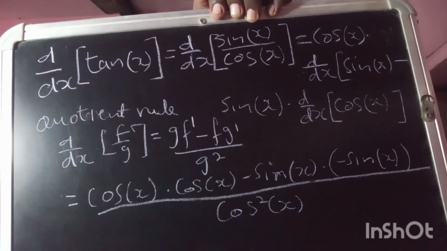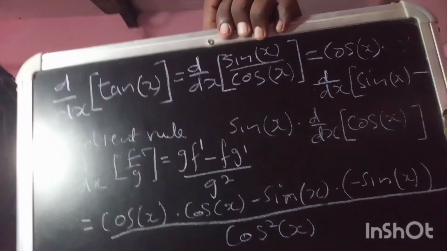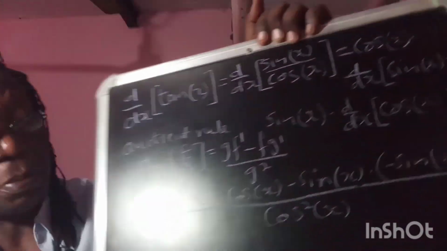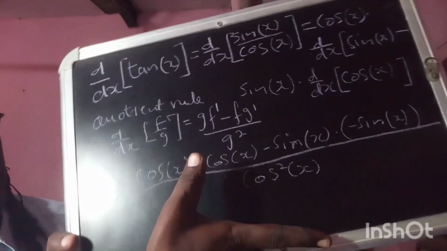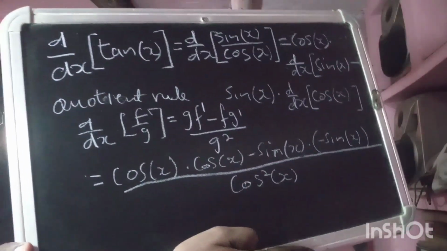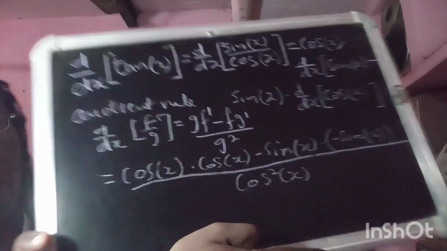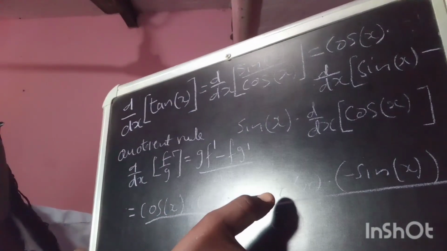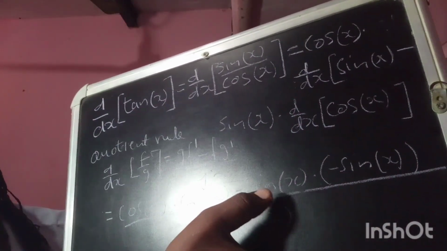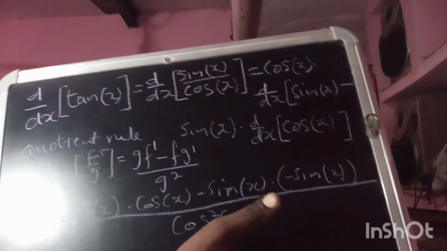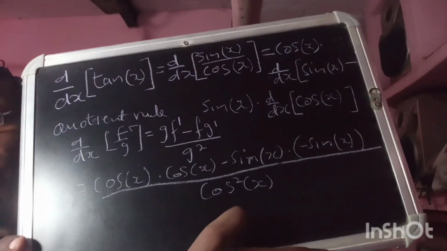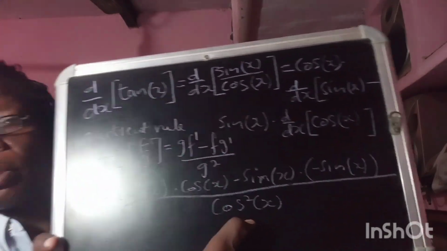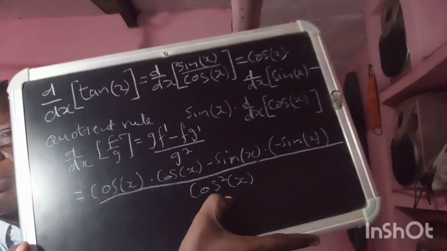Now this is not the solution, we are going further from this point. What this means is that we have to multiply cosine times cosine, which is cosine x squared, minus sine minus sine, which becomes positive sine. Let me write that down.